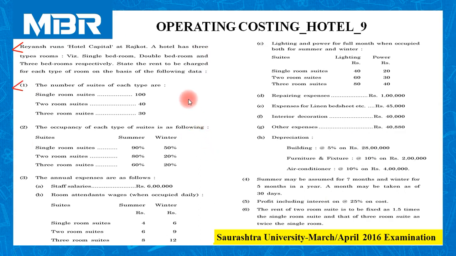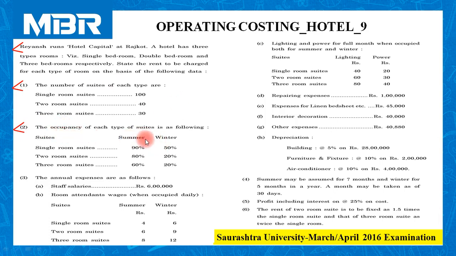The first information is related to the number of rooms. There are 100 rooms available for single bed, 40 rooms for double or two beds, and 30 rooms for three beds. In information number 2, occupancy rates are given.